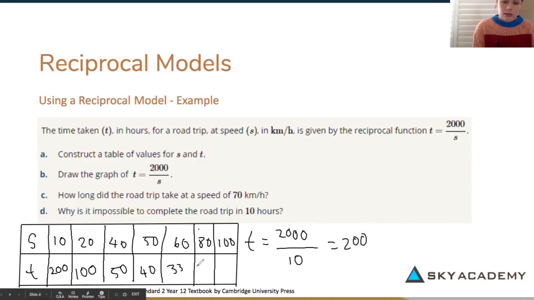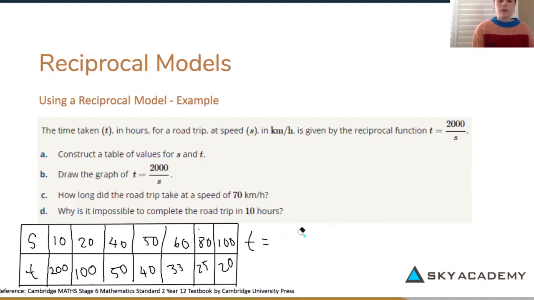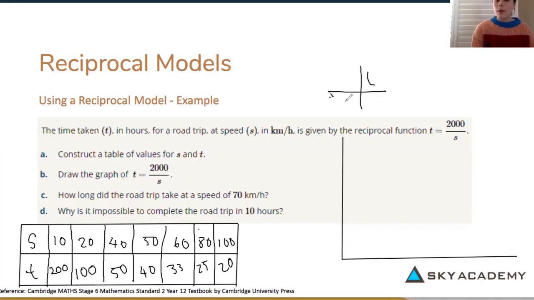So if I have a look at my table of values, they are all positive values, which gives the indication that I'm only going to need the top quadrant because that's the quadrant that only has positive values. We know a reciprocal model normally has two lines, but because this is a practical situation, we can't have negative speed.